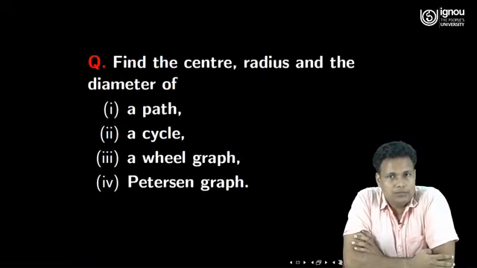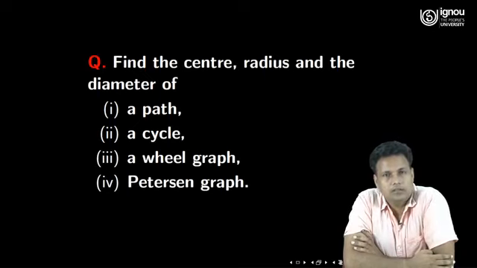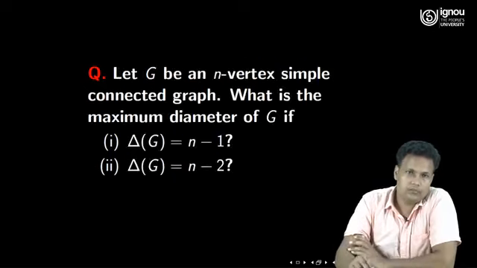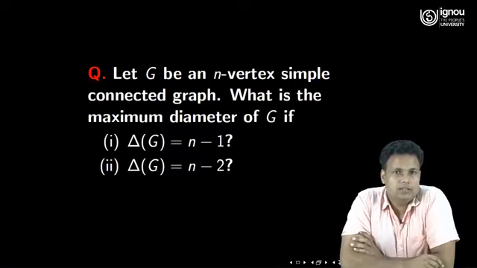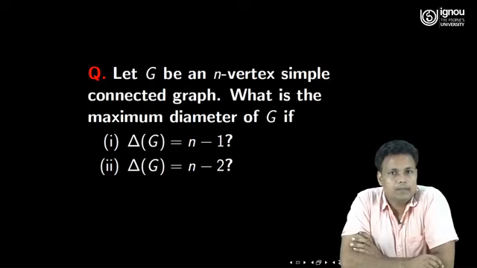Now I have some questions for you. Find the center, radius and diameter of a path, a cycle, a wheel graph and a Petersen graph. The next question is, let G be an n-vertex simple connected graph. What is the maximum diameter of G if the maximum degree of G is n minus 1?